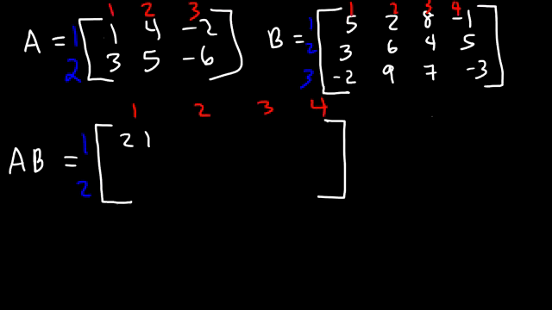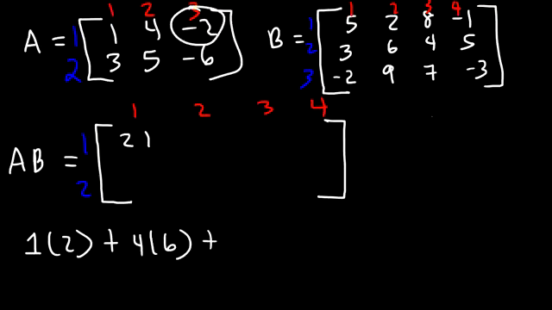Now let's multiply row 1 by column 2, and that will produce an entry in row 1, column 2. So first, we need to take 1 and then multiply it by 2. And then it's going to be 4 times 6, and then negative 2 times 9.